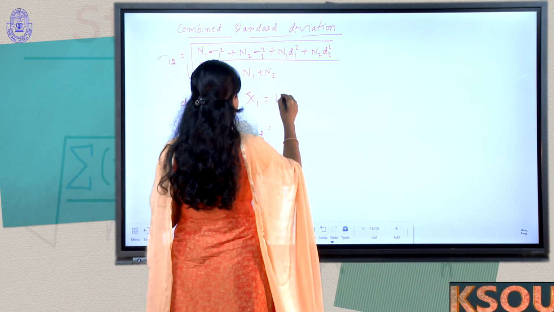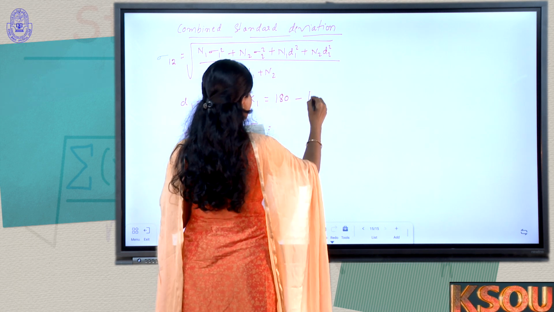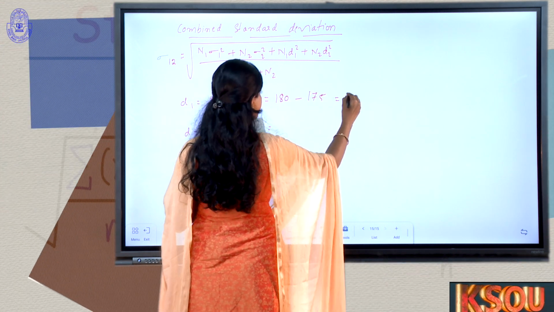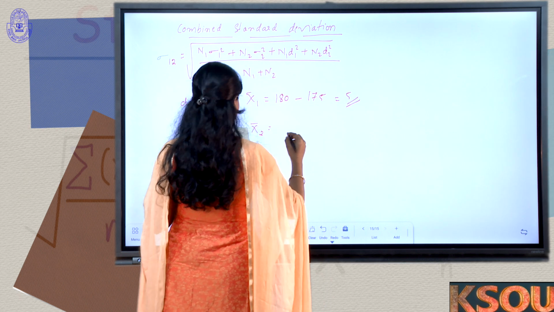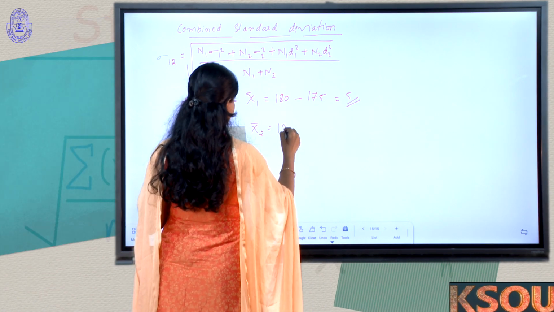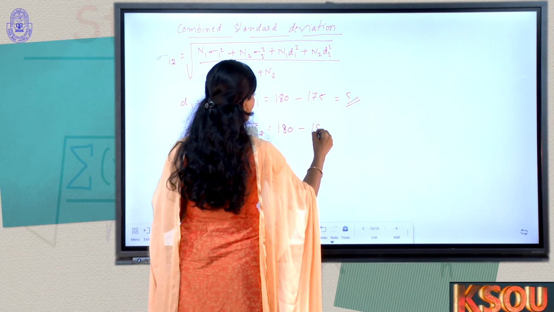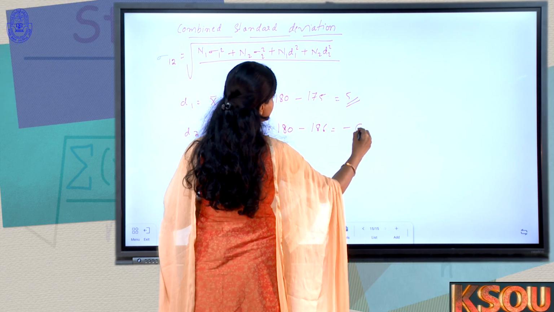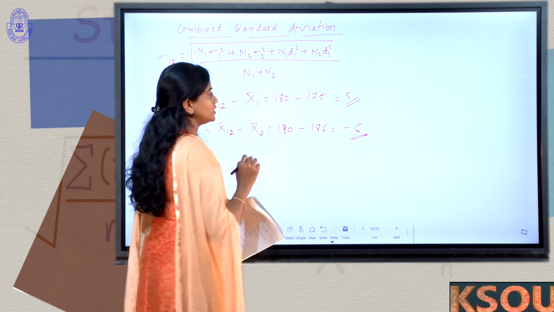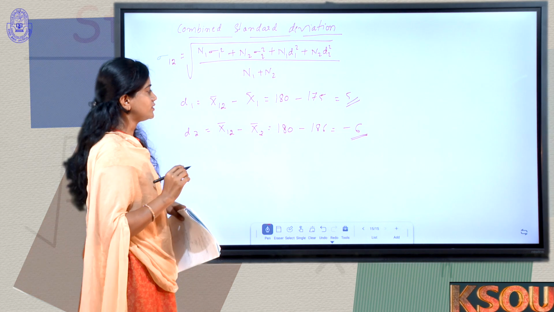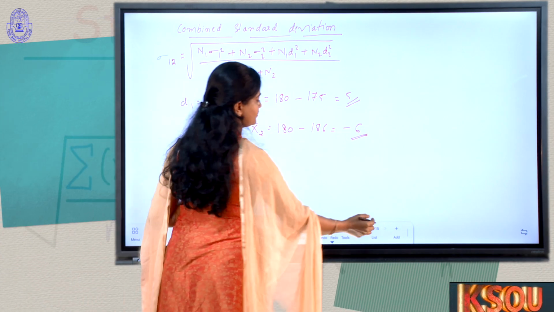So you take 180 minus 175, that is 5, then 180 minus 186, that is minus 6. So d1 is equal to 5 and d2 is equal to minus 6.